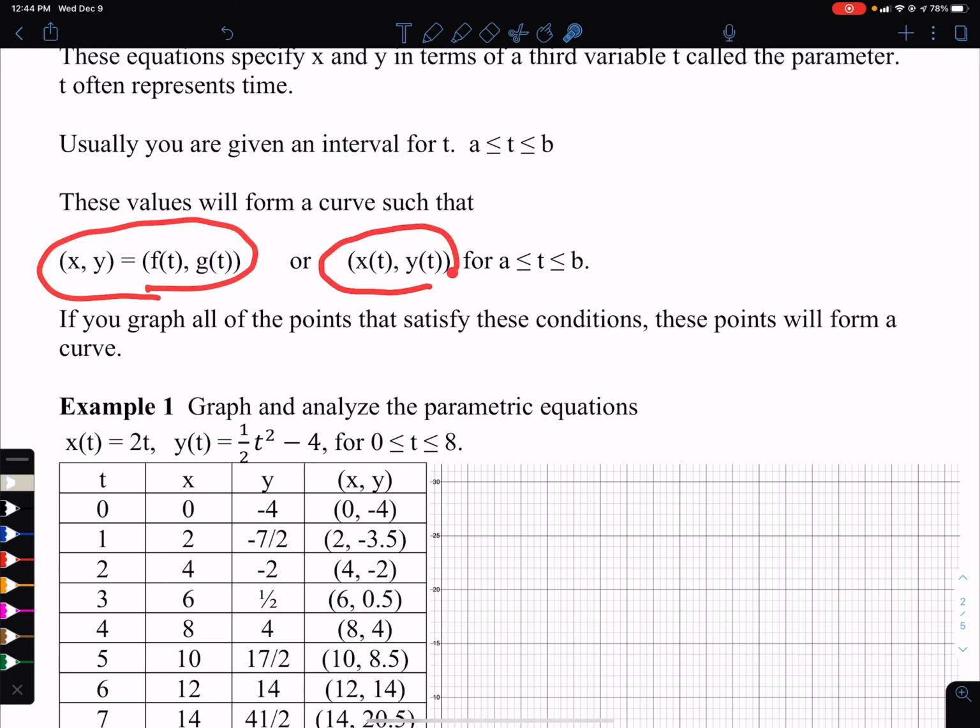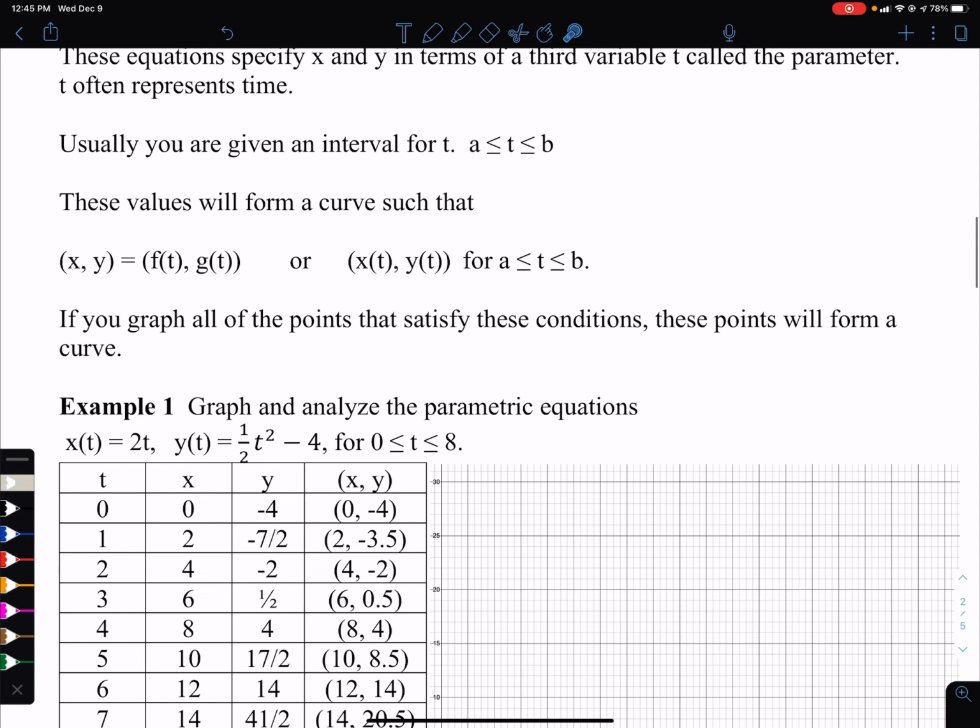So you have x of t, y of t as ordered pairs. And we're going to see them as vectors in a future lesson, but that's kind of what's going on there. So if you graph all these points that satisfy these conditions, these points will form a curve, as we saw earlier.